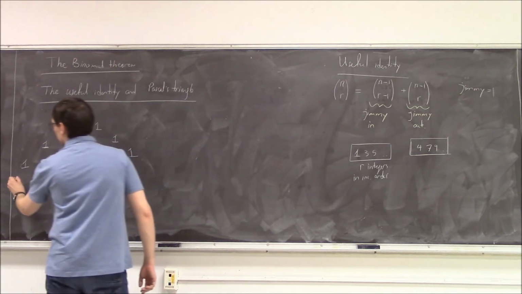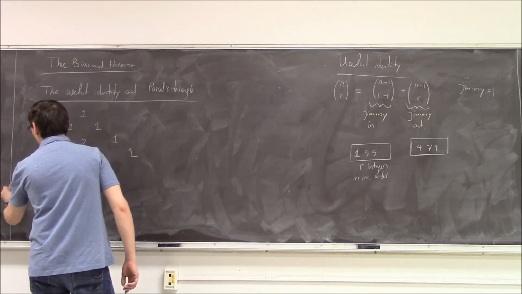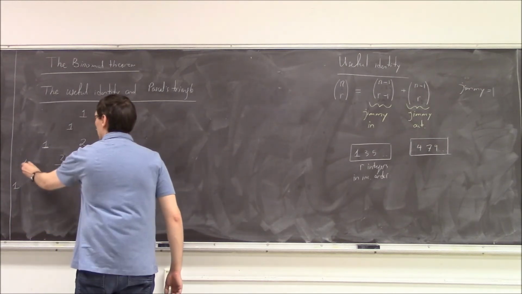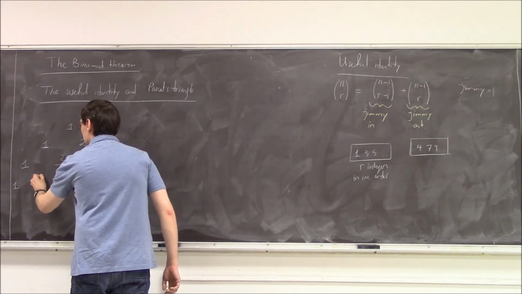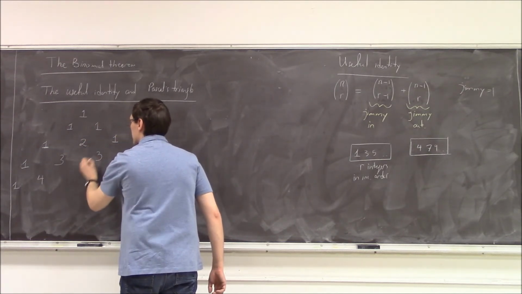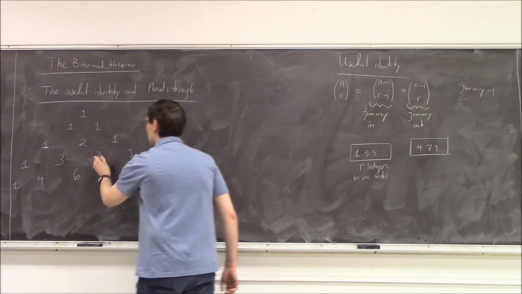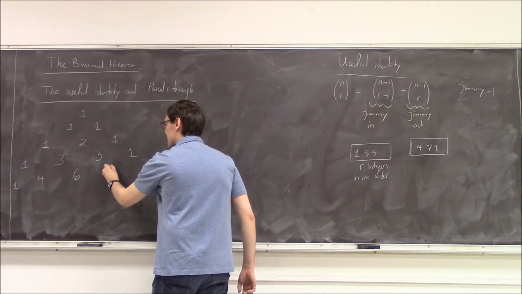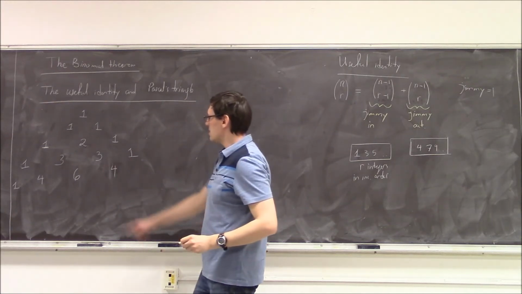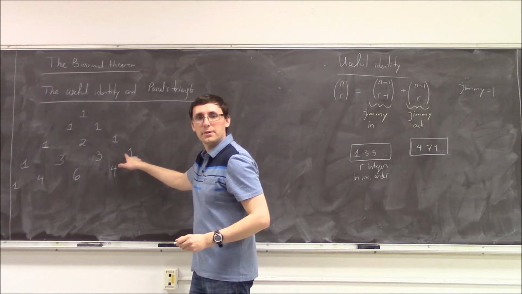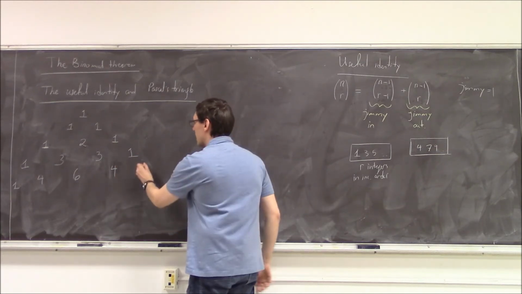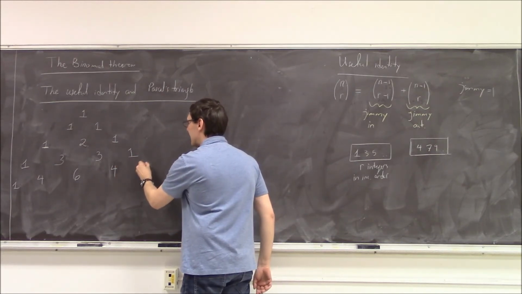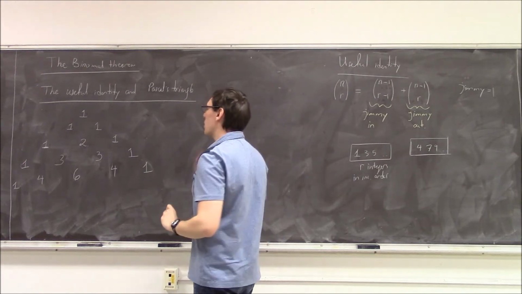So the next level would be 1 in here, and then 1 plus 3 is 4, 3 plus 3 is 6, 3 plus 1 is 4. You see, always between the two numbers on top of it. I have a 4 now, and then 1.